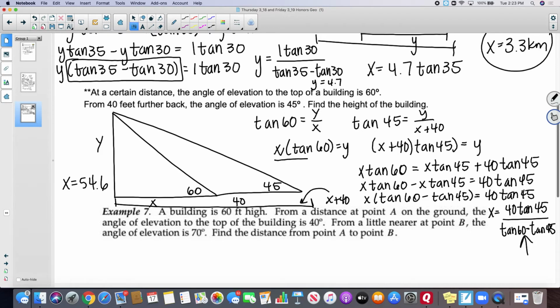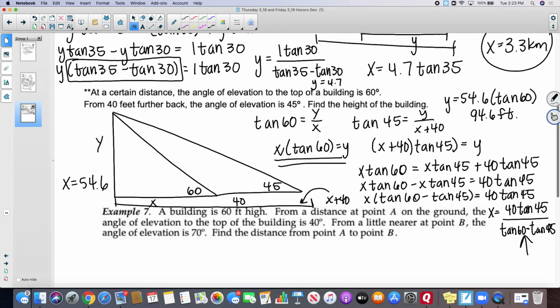I would use this equation. So y equals 54.6 times tan 60. And y should equal 94.6 feet. Okay?